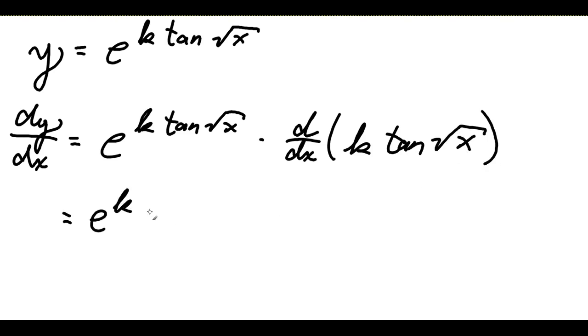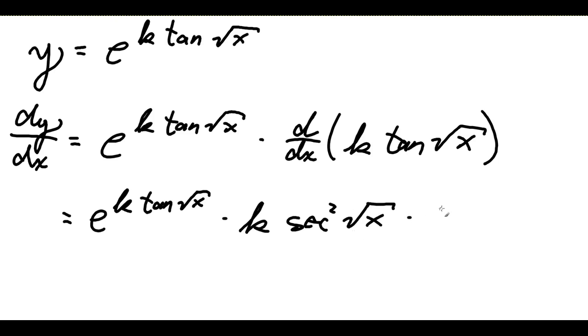So we have e to the k tan radical x times, so we take the derivative of what's inside here. This is a constant, so that passes through just fine. The derivative of tangent is secant squared. So we have secant squared of whatever we have. But this was more complicated than just x.